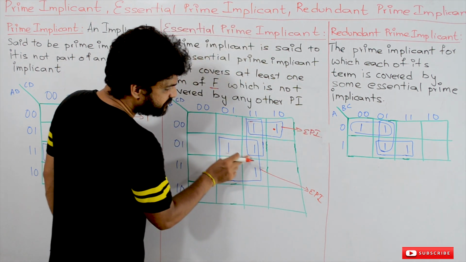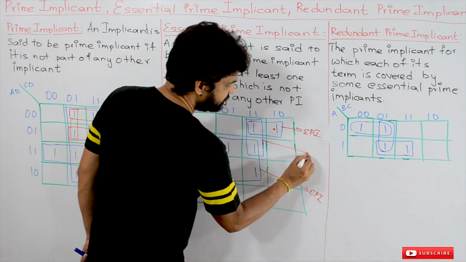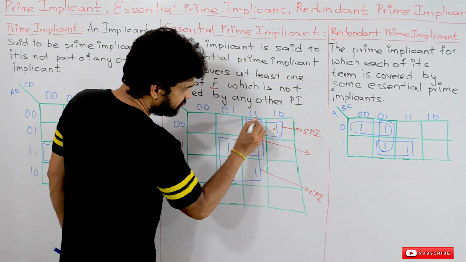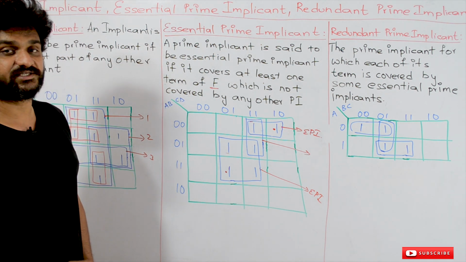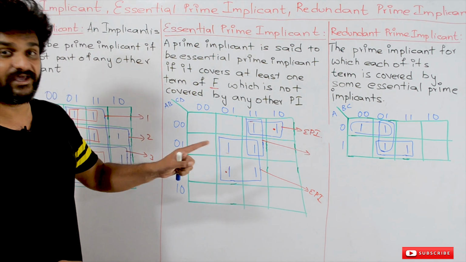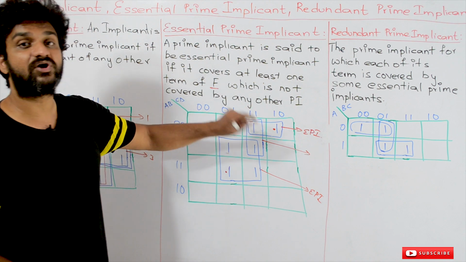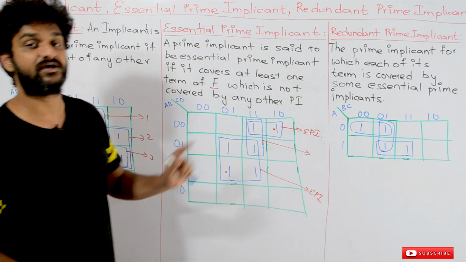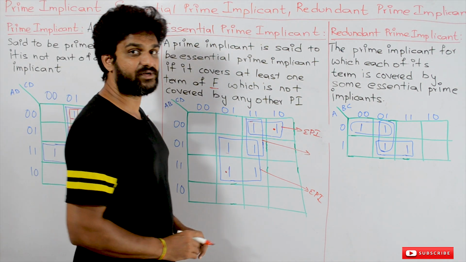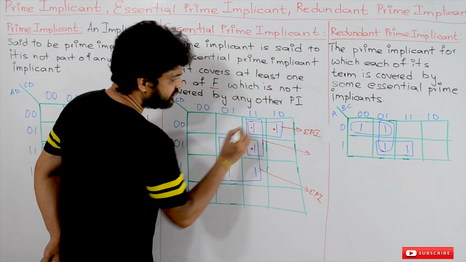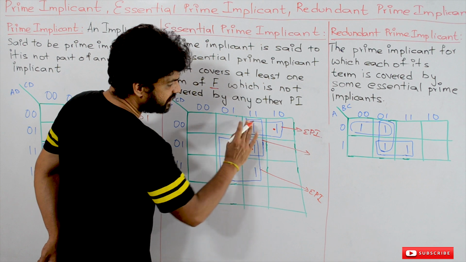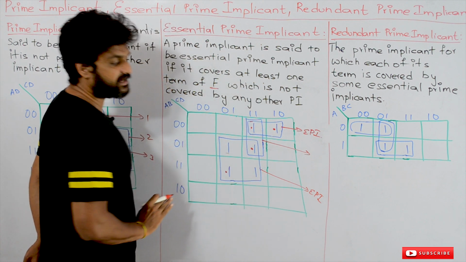Similarly, if you take this other prime implicant, can this be called an essential prime implicant? No, it is not. Why? It is a prime implicant, but not an essential one, because it has two terms, this one and this one, and both are covered by some other prime implicants.